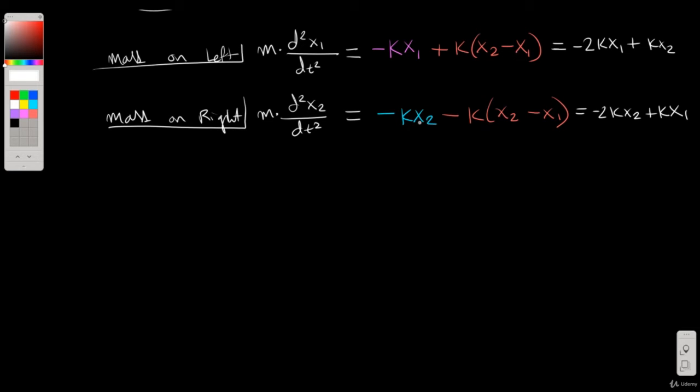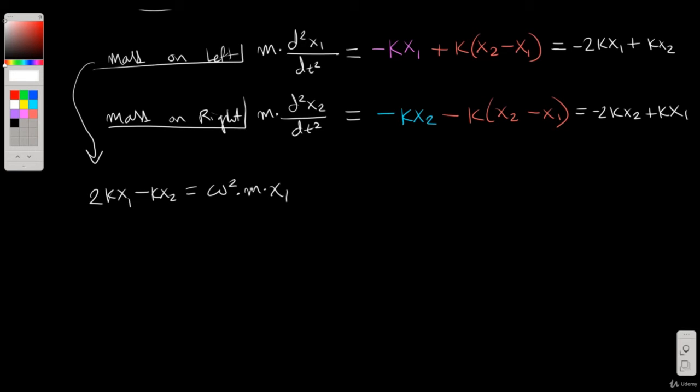Now, going back to one of the arguments that we made in the previous videos, you will note that I can rewrite this mass on the left as 2kx1 minus kx2. All I'm essentially doing here is multiplying this by minus 1, because I have here on the right omega squared times m times x1.